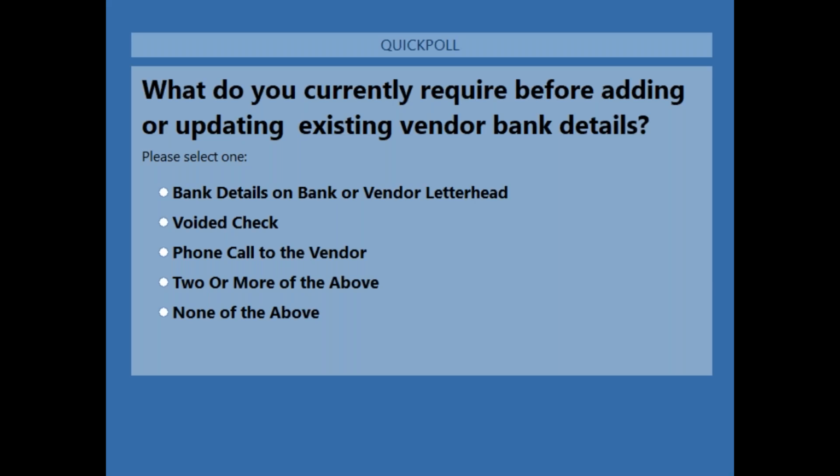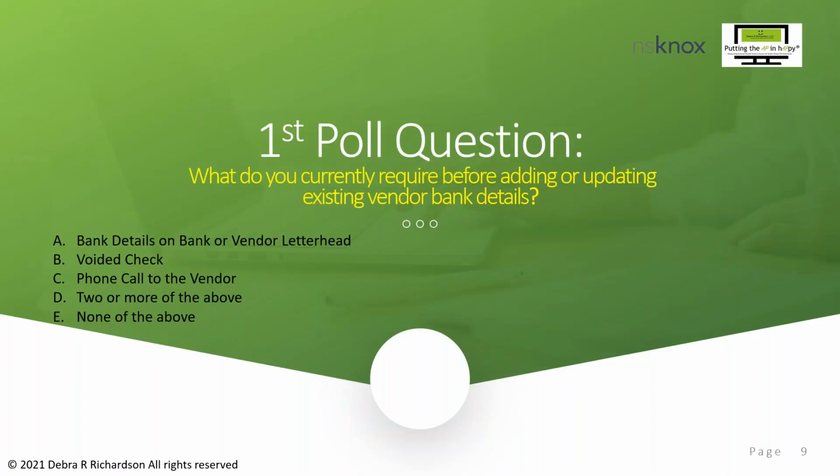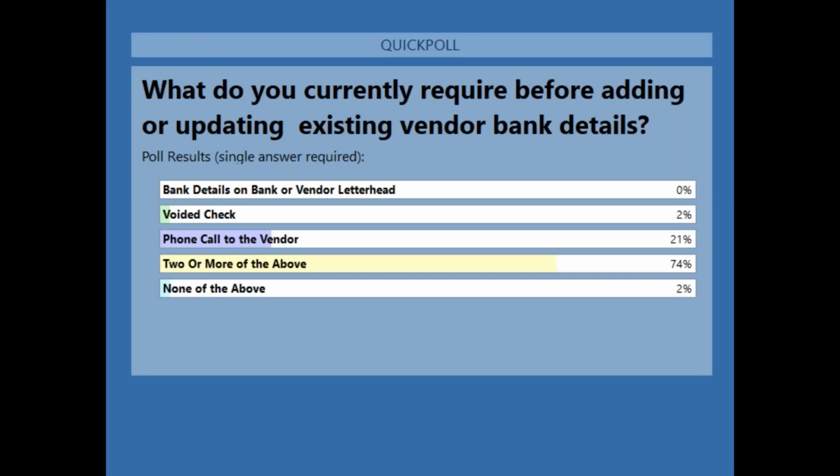All right, so it looks like most folks have voted. So I am going to go ahead and close that. And now let's get that shared. Okay, so it looks like the majority have 2 or more of the above.